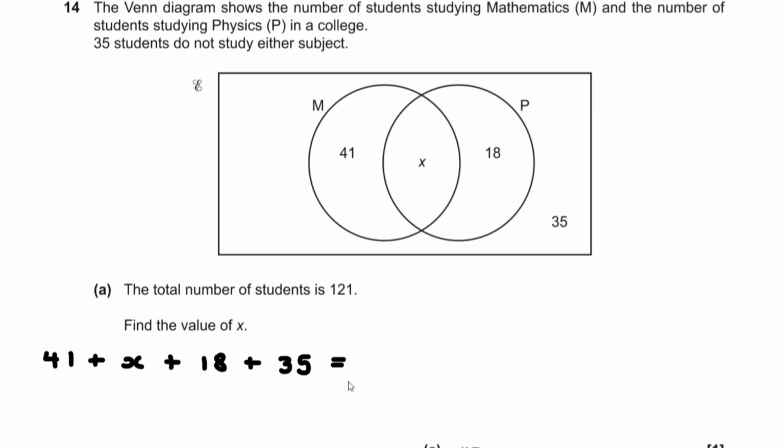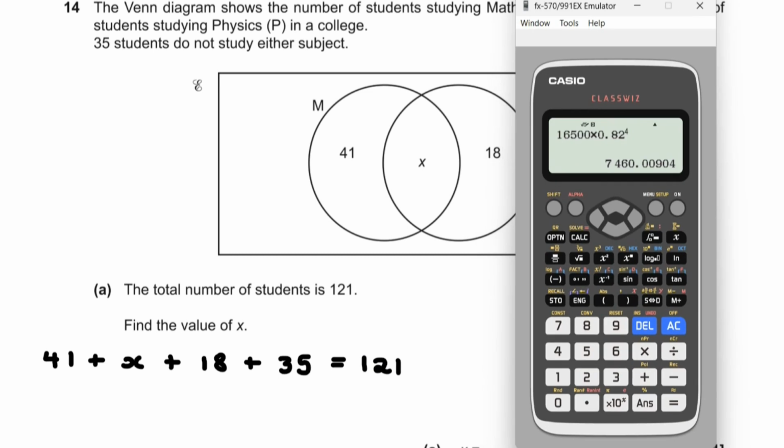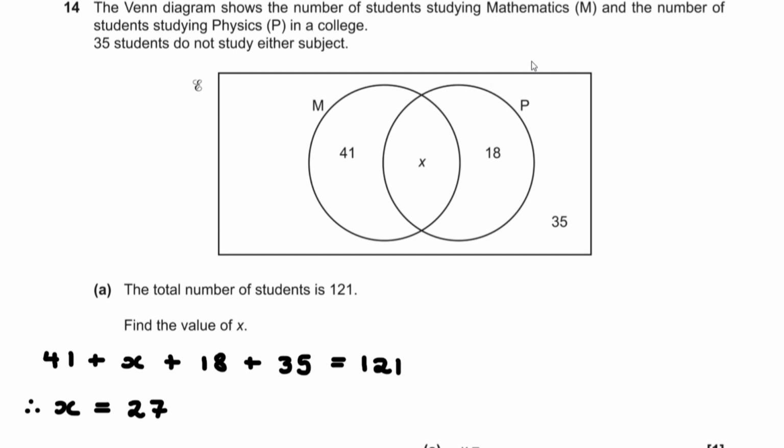This is equal to 121. So I've got 41 plus 18 plus 35, which is 94. So if I do 121 take away 94, I get 27. So x is equal to 27.